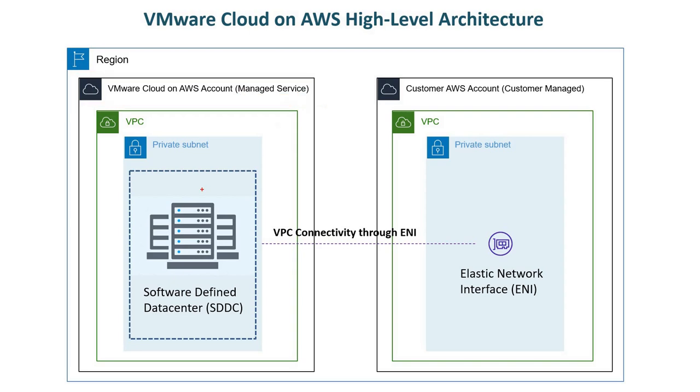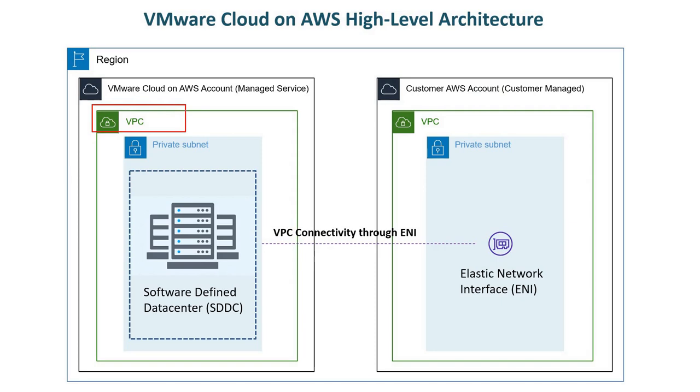So just to recap, this account is customer operated, managed and owned, whereas the VMware Cloud on AWS account is managed and operated by VMware as a part of this service. Next, what do we have?